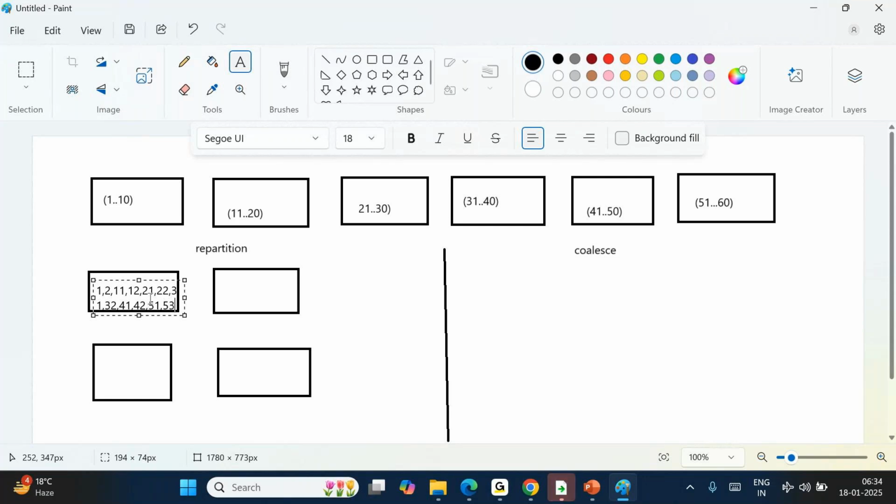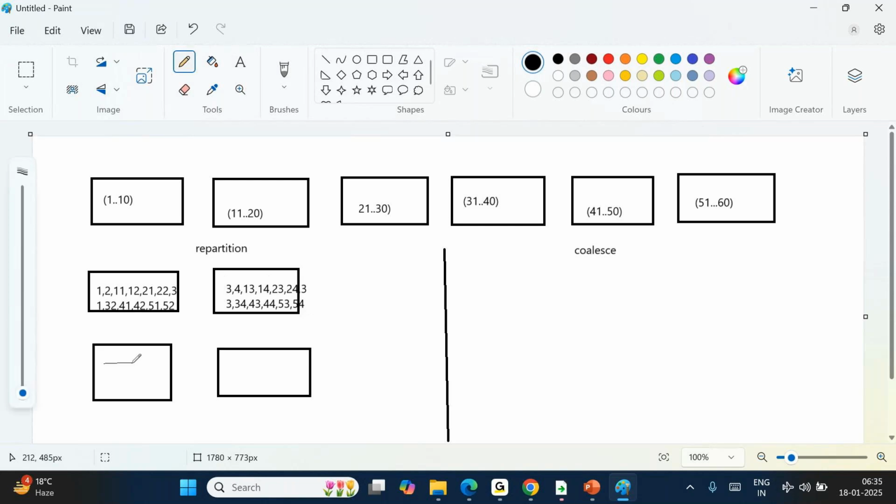Like this, data can come here. So here again 3, 4, 13, 14, 23, 24, 33, 34, 43, 44, 53, 54. Similarly, the data can come here also.